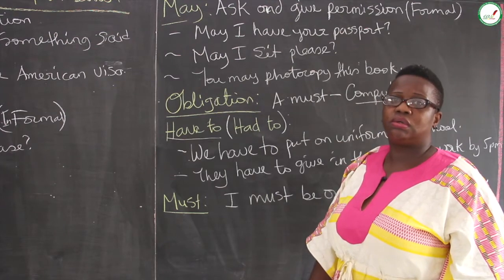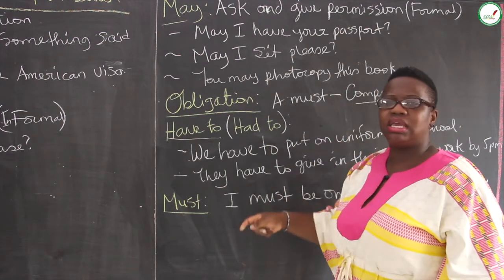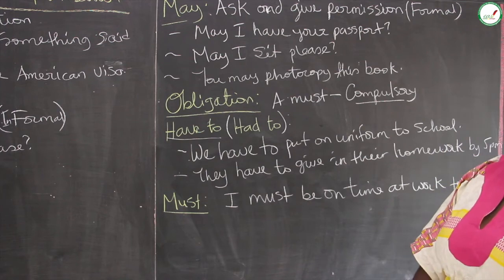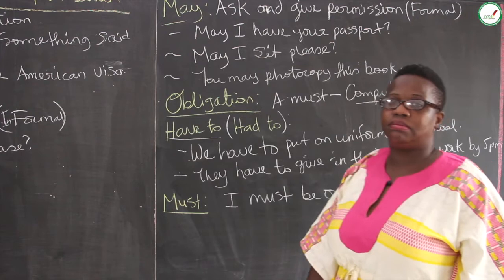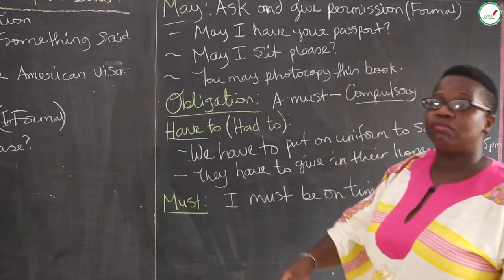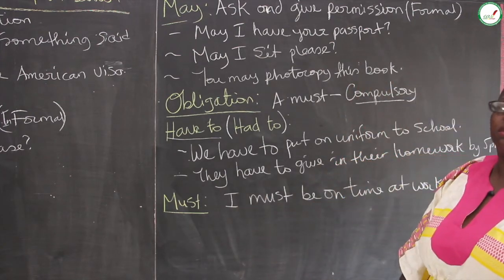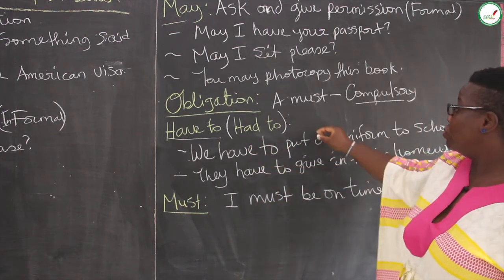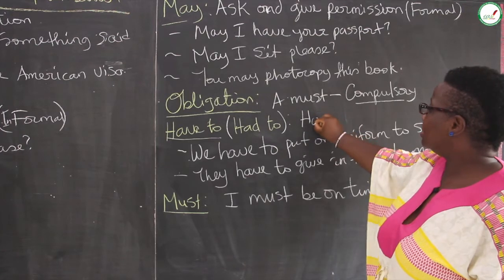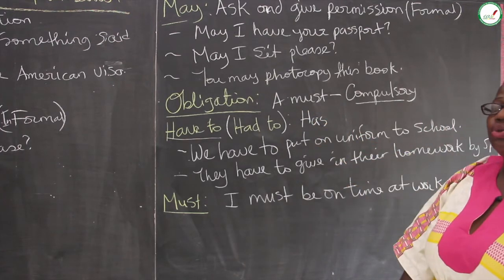I have to park my car here. I have to be there on time. She has to have her medications. Has is the third person singular of he or she.